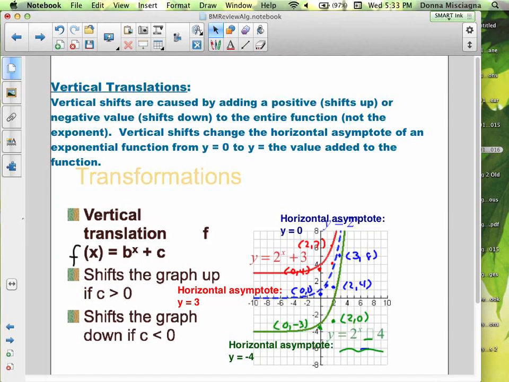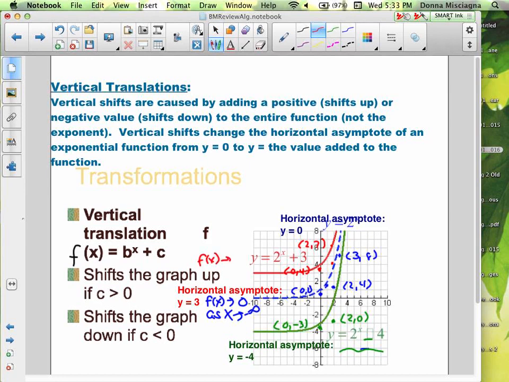So now over here, on the blue graph, f of x goes to 0 as x goes to negative infinity. On the red graph, f of x goes to 3 as x goes to negative infinity.